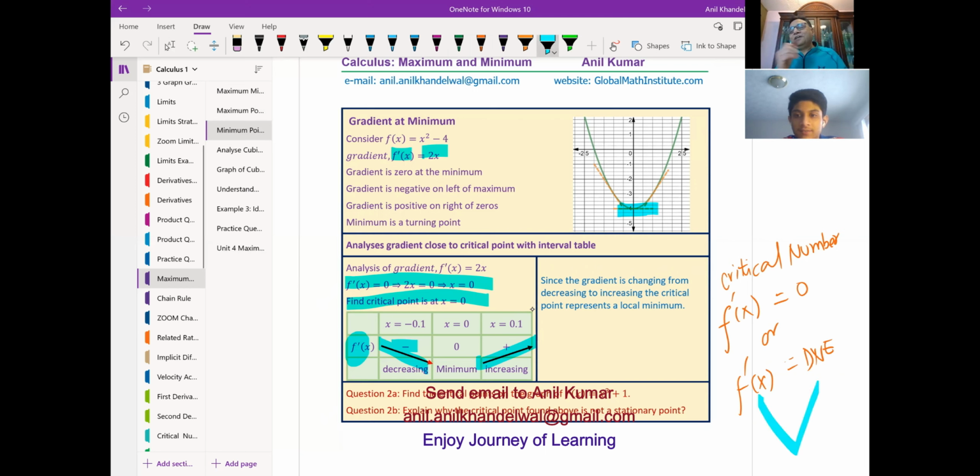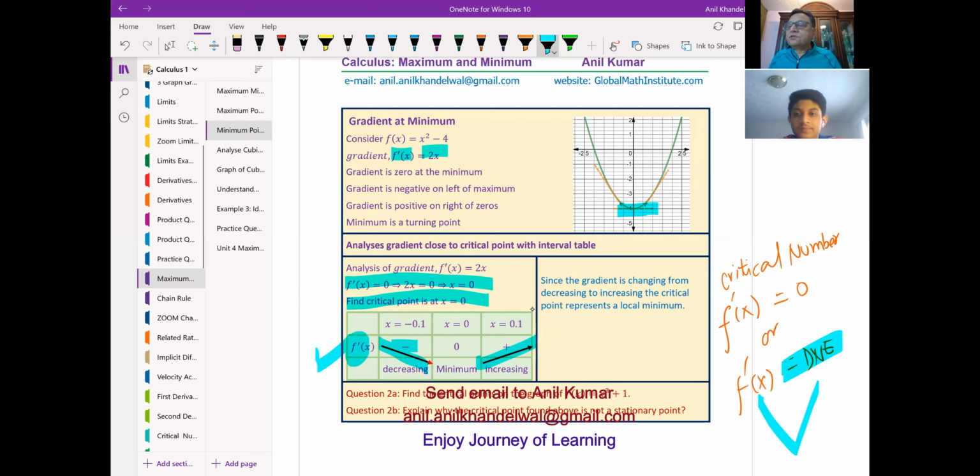At every cusp or corner, you either have a local maximum or a local minimum. But it may not exist even for a vertical asymptote. There you have none of these. So this is a condition which could be true. We have to prove it to be true using this table. You get the idea.